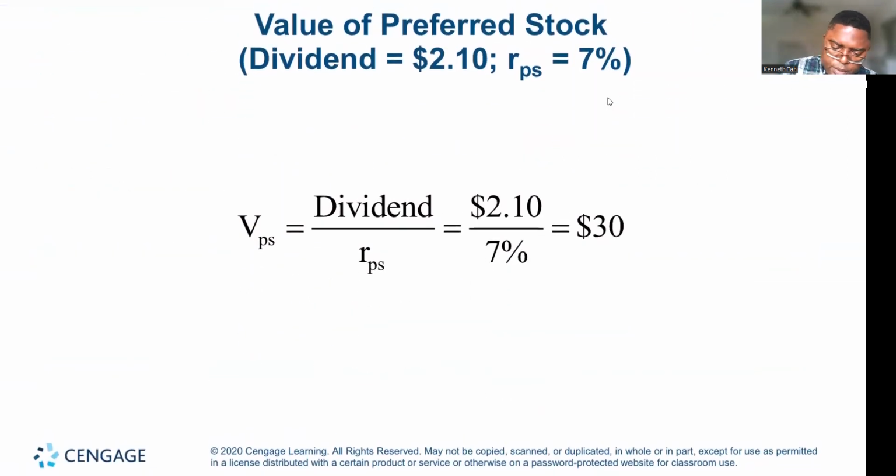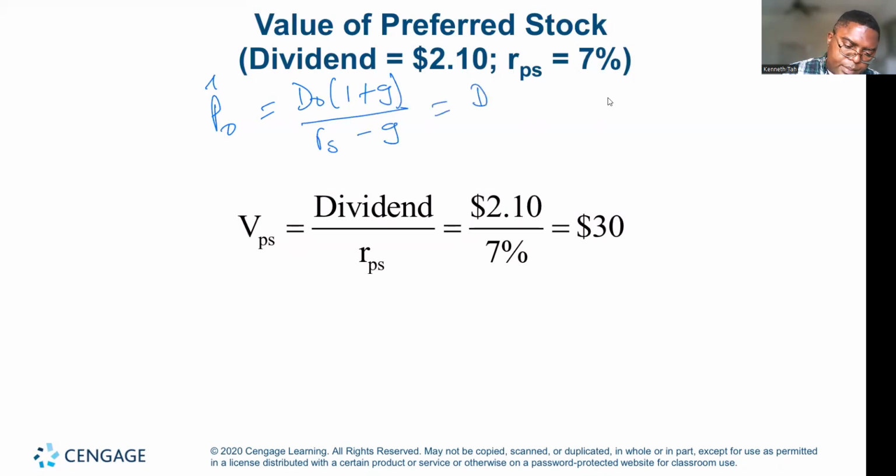So notice that in valuing a stock, we're interested in P0 based on the constant growth rate model. It is D0 times 1 plus g divided by Rs minus g, which is the same as D1 over Rs minus g.